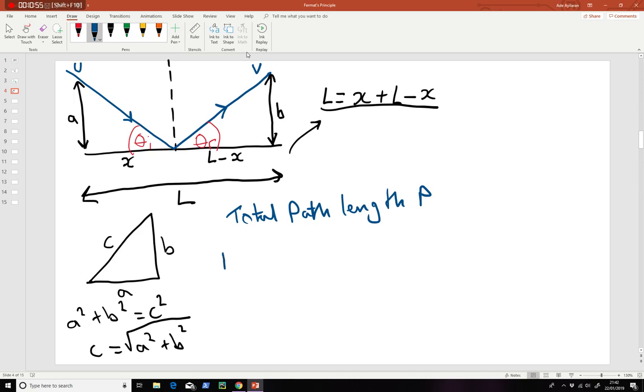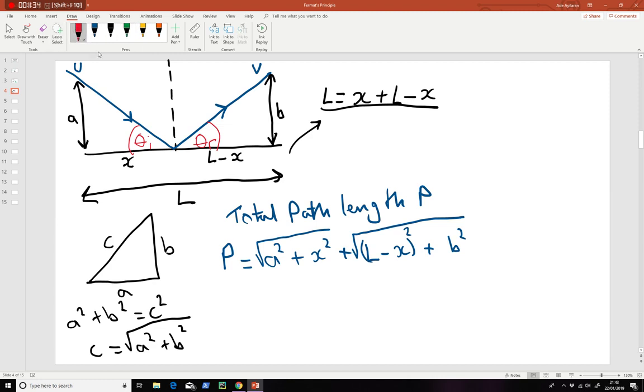The total path P is going to equal the hypotenuse of this right angle triangle on the left, which is simply the square root of a squared plus x squared, plus the hypotenuse of the right angle triangle on the right, which is simply the square root of L minus x all squared plus b squared.